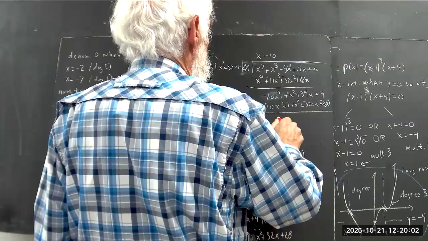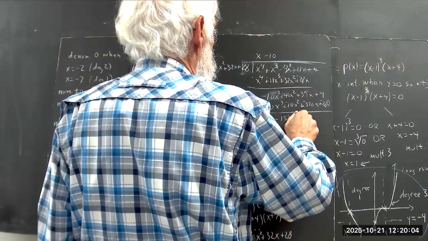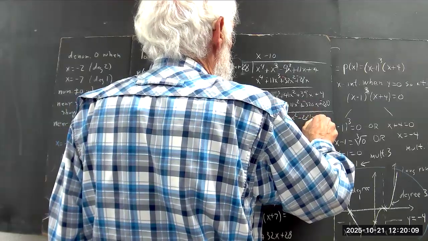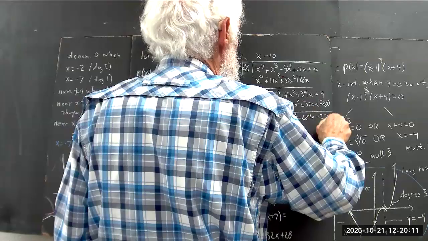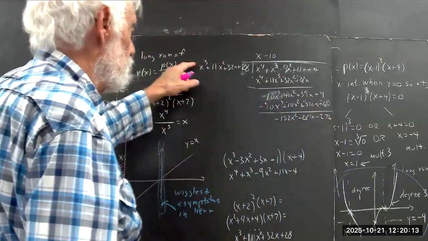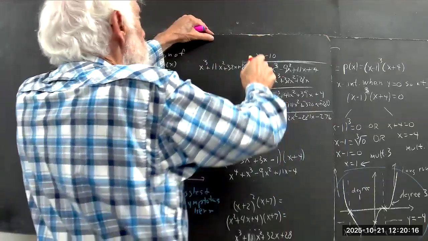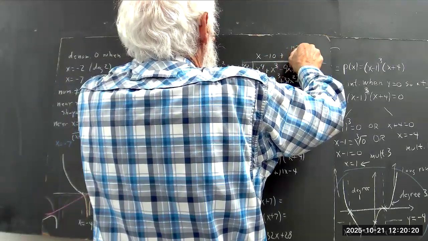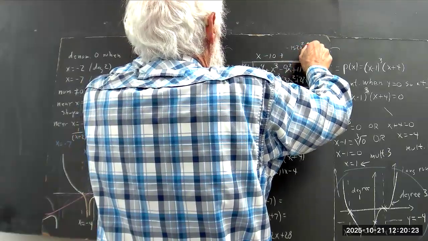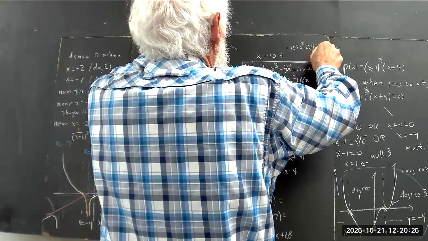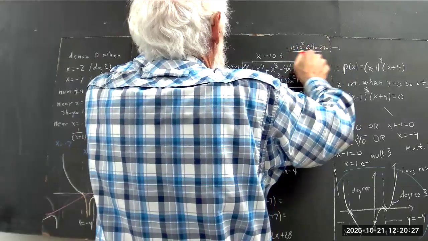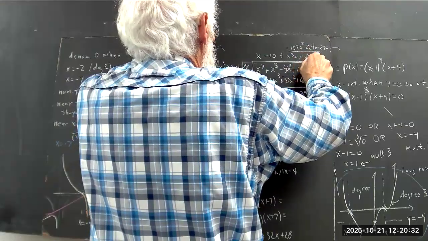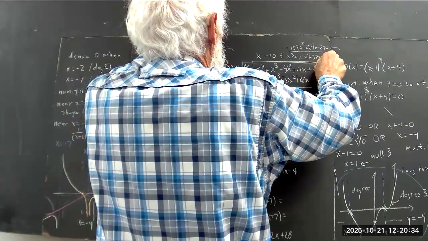And we're going to end up with, I think, negative 152x squared minus 281x minus 276. Now, x cubed is bigger than x squared, so it's going to be x minus 10 plus negative 152x squared minus 281x minus 276 over x cubed plus 11x squared plus 32x plus 28.